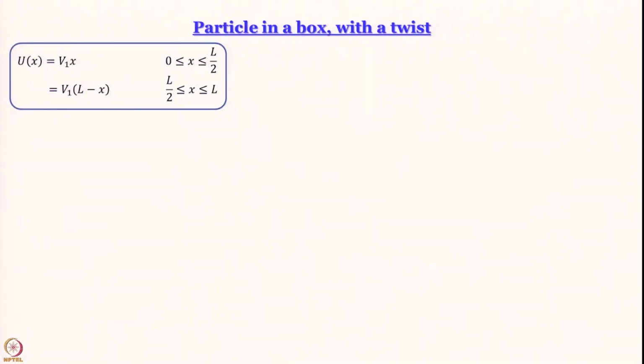Now, we take this example. We go back to our particle in a box, but we include in it a twist, or rather a bend, if you want to call it that. What is that bend or twist? We say that here the potential energy is not 0. However, we see that the potential energy is x dependent.